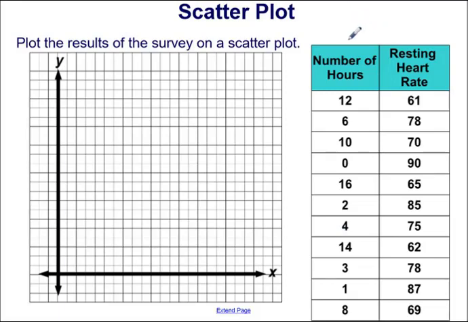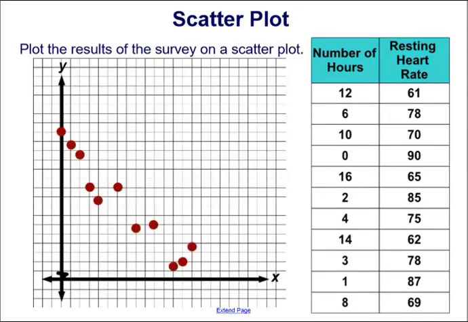We can think of the number of hours as our x values and the resting heart rate as our y values. So we'll label the x-axis the number of hours and the y-axis the resting heart rate, and we'll plot these 15 data points. Here's our scatter plot, and again, this is comparing the number of hours to the resting heart rate.